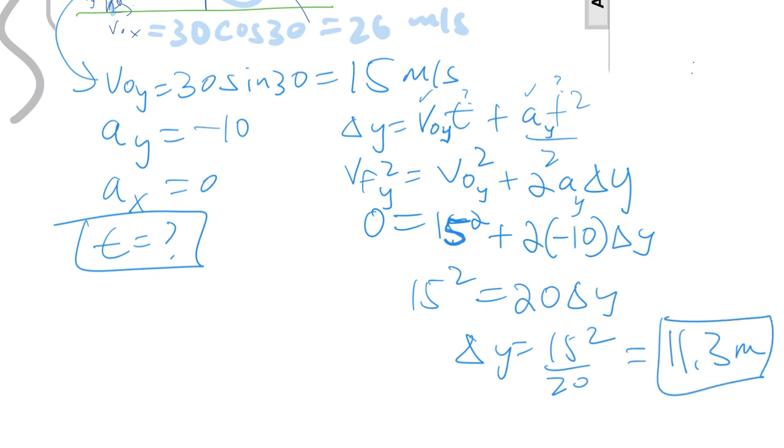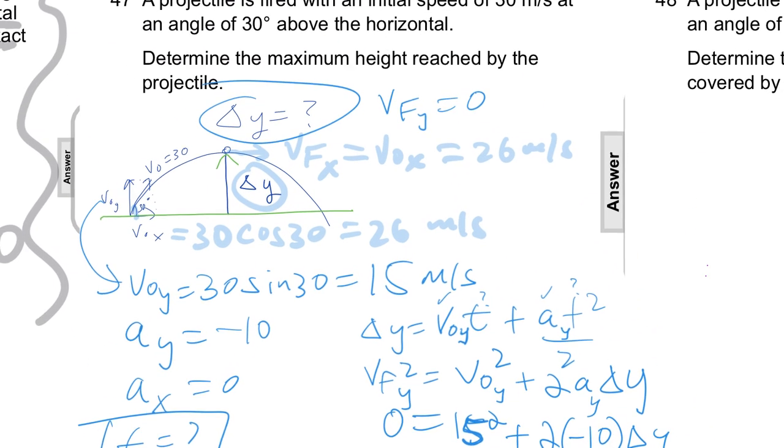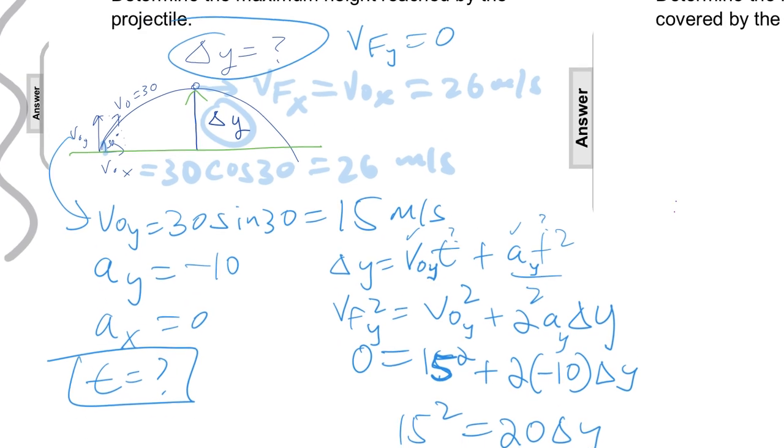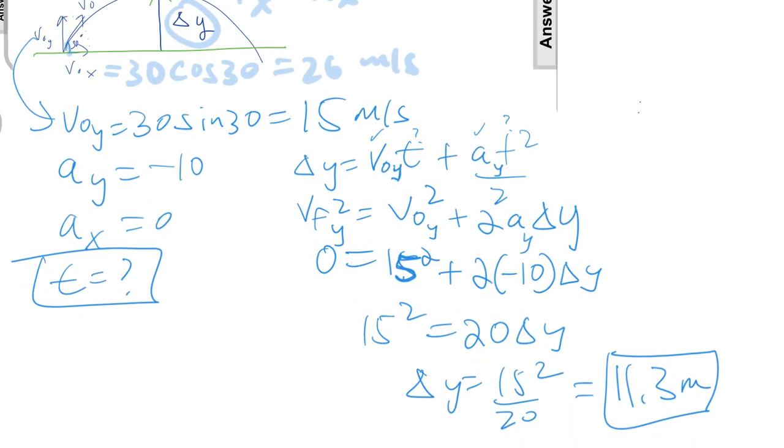So it attained the height of 11.3 meters. That's the maximum height it attained. Okay, so let's just look back here. I really couldn't use this equation anyway because I didn't have the time.